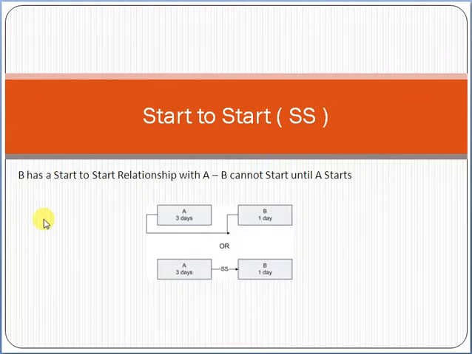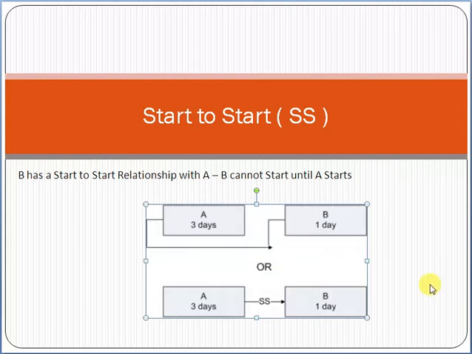Now if we talk about it in terms of activities, just see this picture. There are two activities, activity A and activity B. Activity A is of 3 days and activity B is of 1 day. So B has a start to start relationship with A. B cannot start until A starts. Are you getting my point?